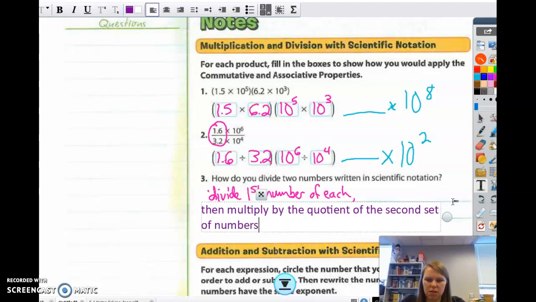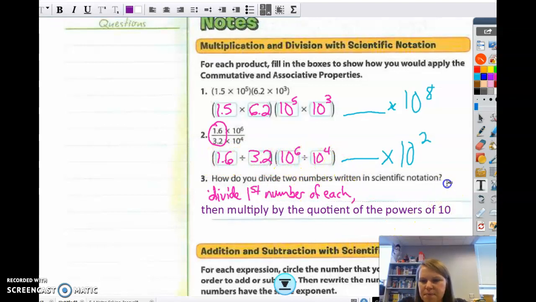And those would be like the power by the quotient of the, let's do of the powers of 10. Does that make sense? So quotient means the result in a division problem. And when we say powers of 10, we're saying this guy. So what we would be doing is divide the first numbers and then multiply by this part that's divided. So divide these powers of 10.